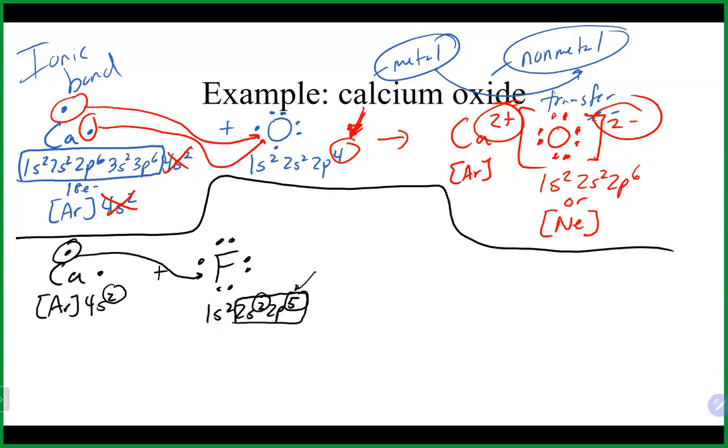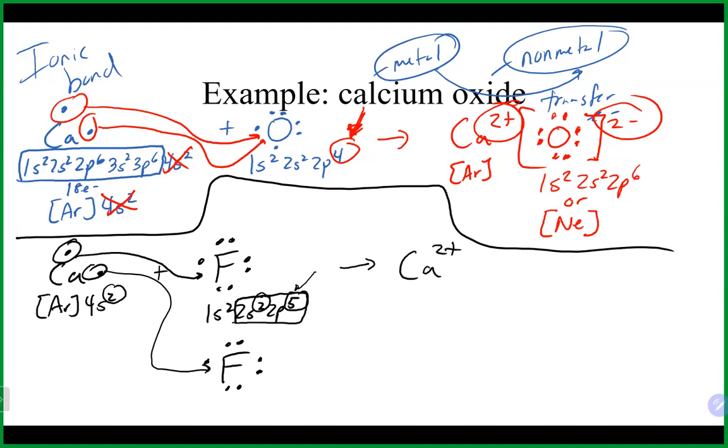So in this case, we need not 1 fluorine, but we would actually need a 2nd fluorine. And that 2nd fluorine now would have a spot for that 2nd electron for calcium to give away. The result of this is we will end up with a calcium that was able to lose both of its electrons, 1 to each of the fluorines.